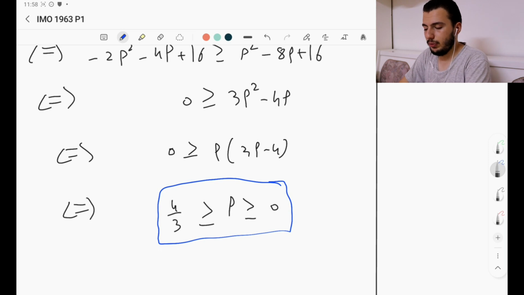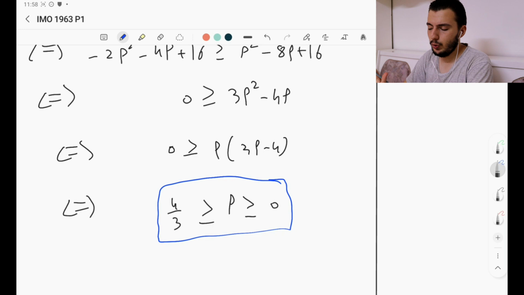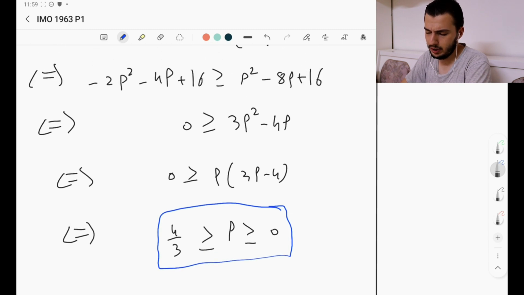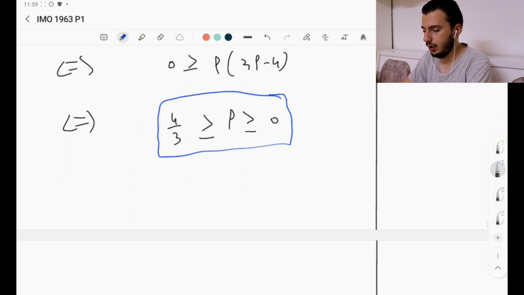Okay, so now what do we have? We've handled all the conditions. We got simply that p is between 0 and 4 over 3. That's the condition on our parameter in order to have solutions. If p is in this range, then we already satisfy this condition, and we have our solution, which was the previous one.